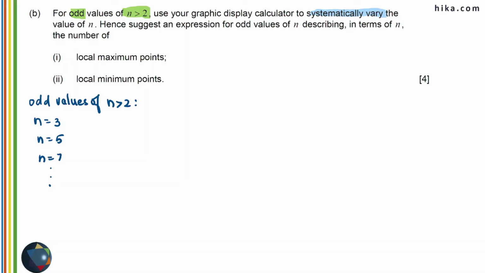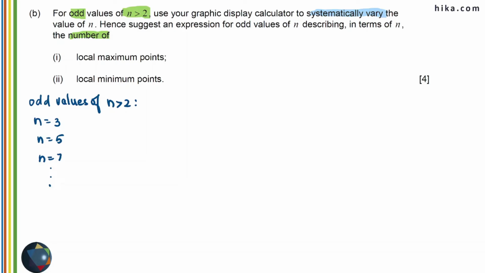So now you pause the video again, use your graphing calculator, sketch the functions f3 of x, f5 of x and f7 of x separately. If you are done, you can continue with this video. Look at the second part of the question. You are supposed to find the number of local maximum points and the number of local minimum points.